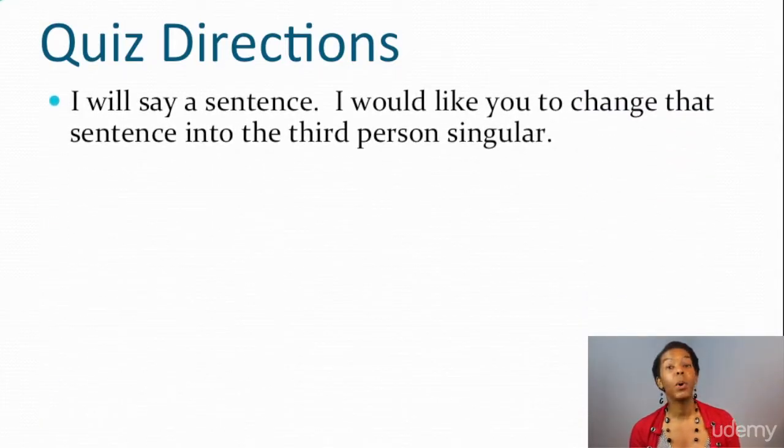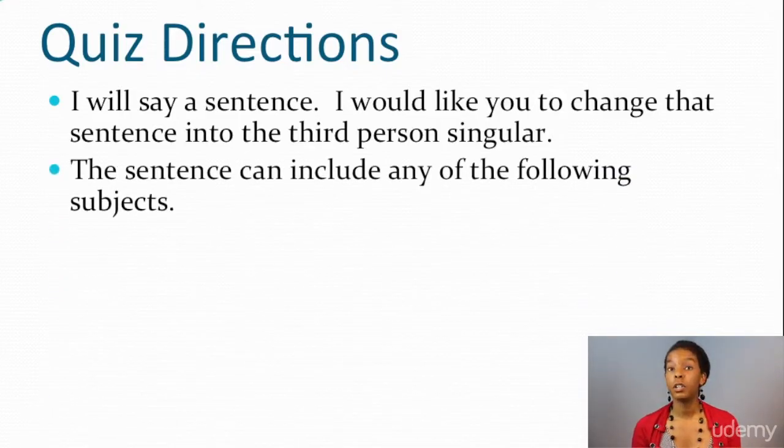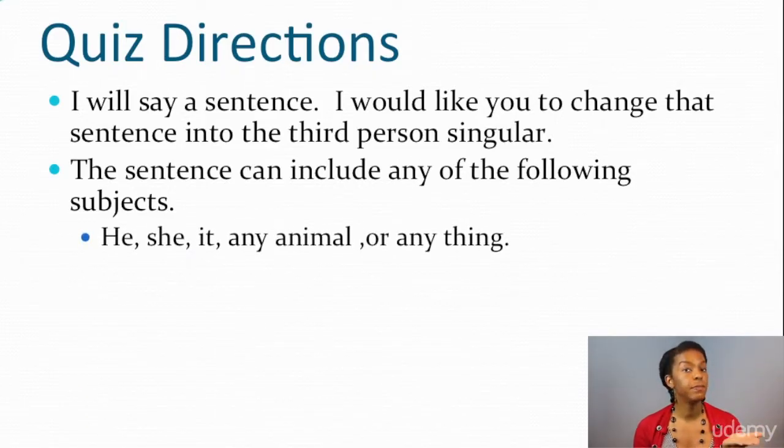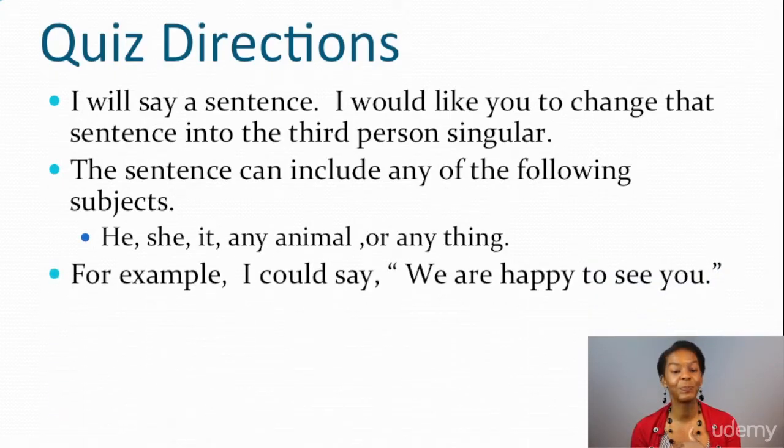So what I'll do is I'll say a sentence, and I'd like you to change that sentence into the third person singular form. So your sentences can include any of the following subjects. It could be he, she, it, or any animal, or anything.